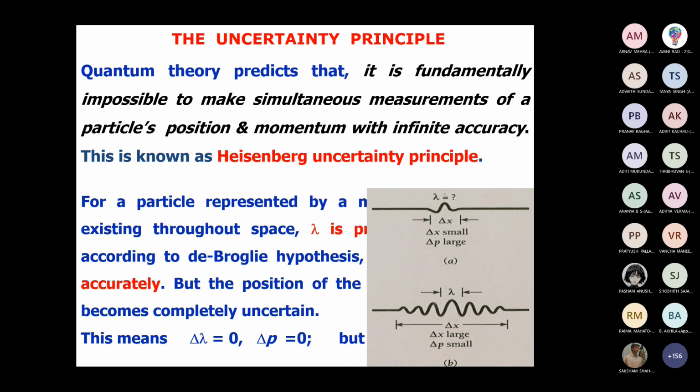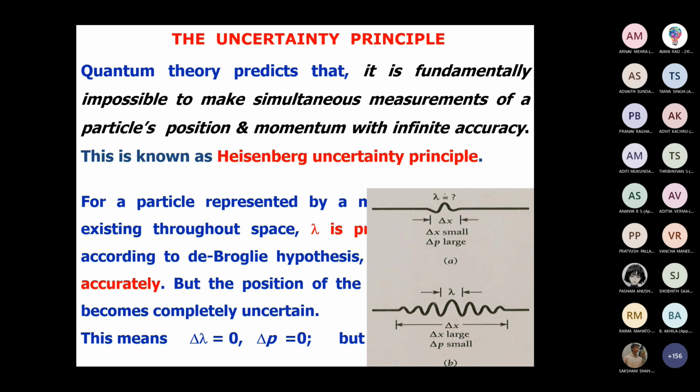Now, take the second scenario, where delta x is large. Here you will be able to measure the wavelength at great accuracy, which means you will be able to measure the momentum. But measuring the position becomes difficult because of the large delta x.